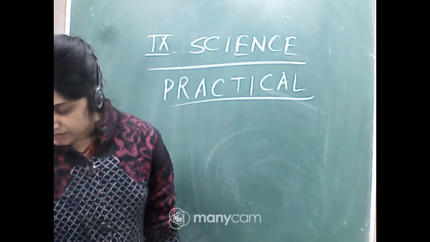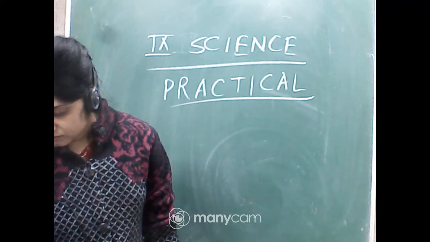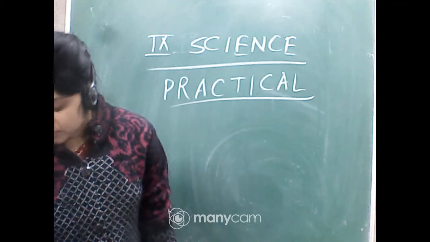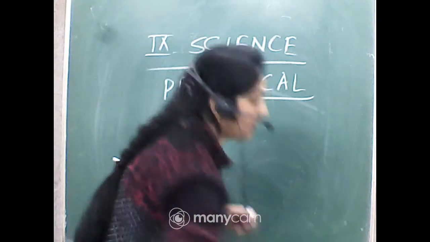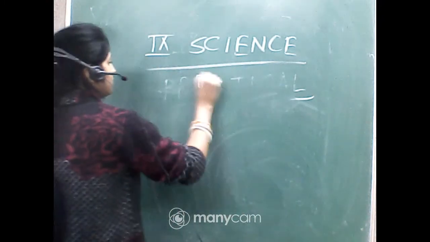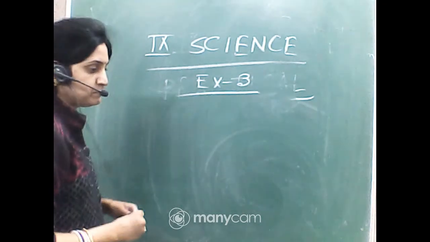See your syllabus, what is your next practical. So the experiment number 3, you can write down the aim. What will be the aim? Experiment number 3, what will be the aim?